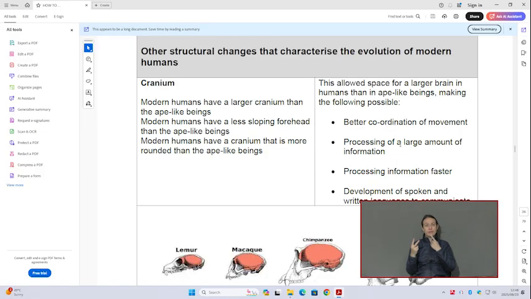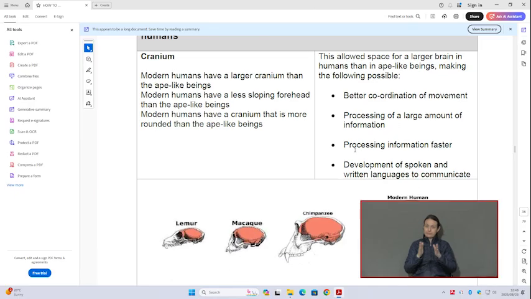The second one is that we process a large amount of information. This large amount of information is very important. Not just process information, but to process a large amount of information. Then process information faster.